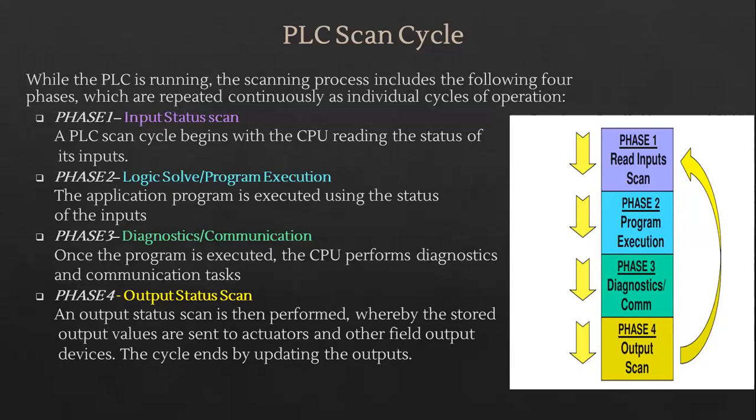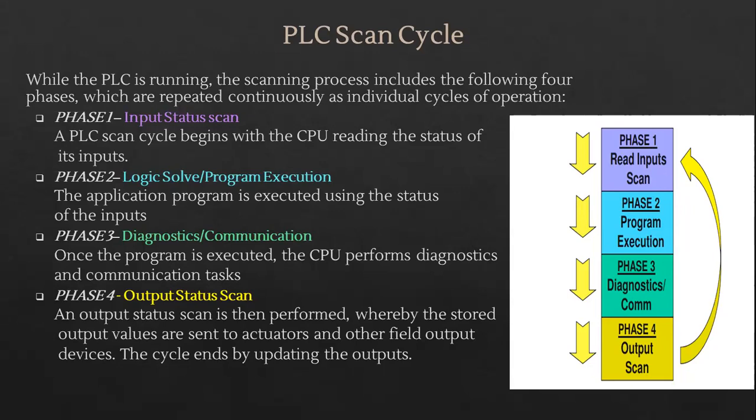Based on the inputs, the program will ask the output device, in our case the evaporator, the last component in the refrigeration cycle that cools the room, to give out more cool air. So as per the program, you execute that.